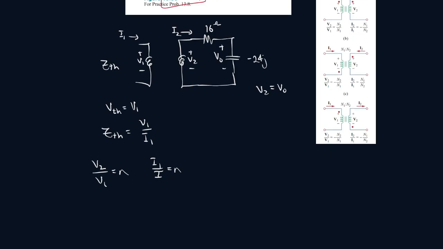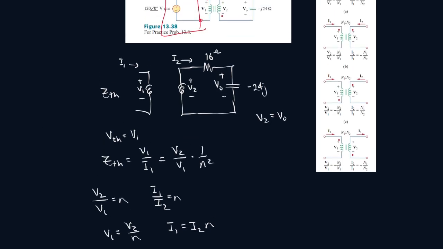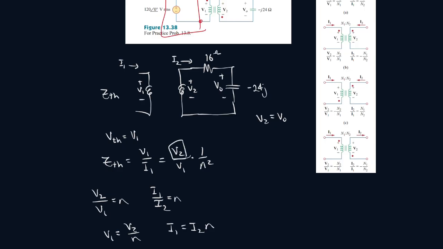So V1 should be V2 over N, and I1 is I2 times N. So this is pretty much equal to V2 over I2 times 1 over N squared. And V2 will be pretty much the impedance value of these two times the current I2.